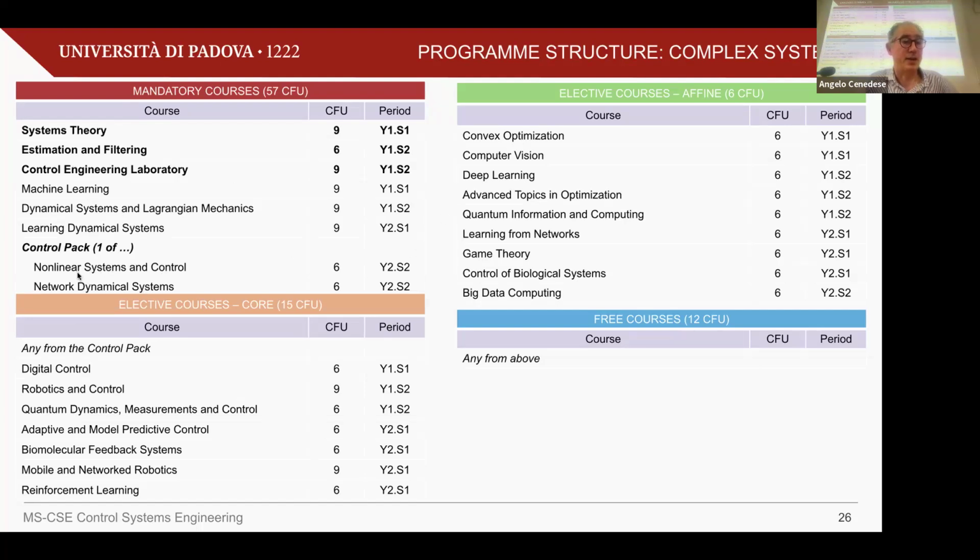So here we have 7 mandatory courses, then 1 from the affine pack and 2 from the core control pack. Again, you can choose any unchosen control course from here as your elective course.